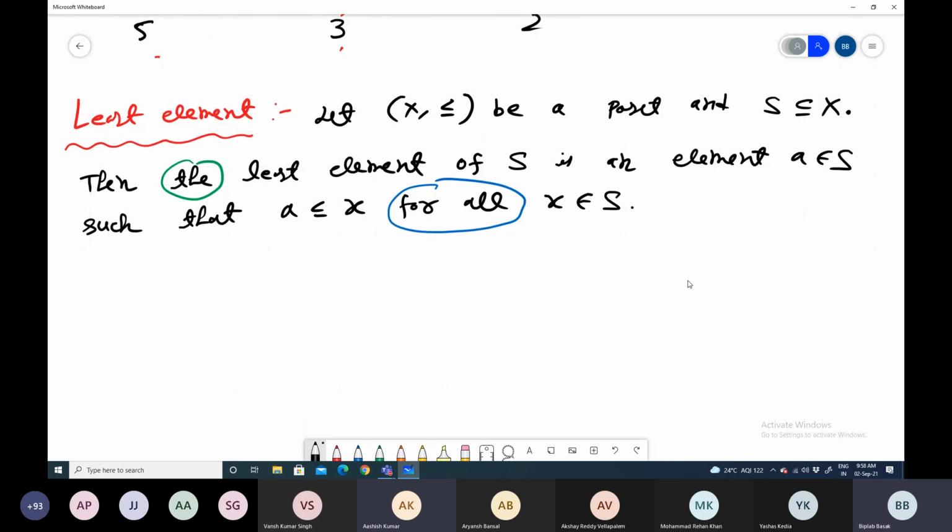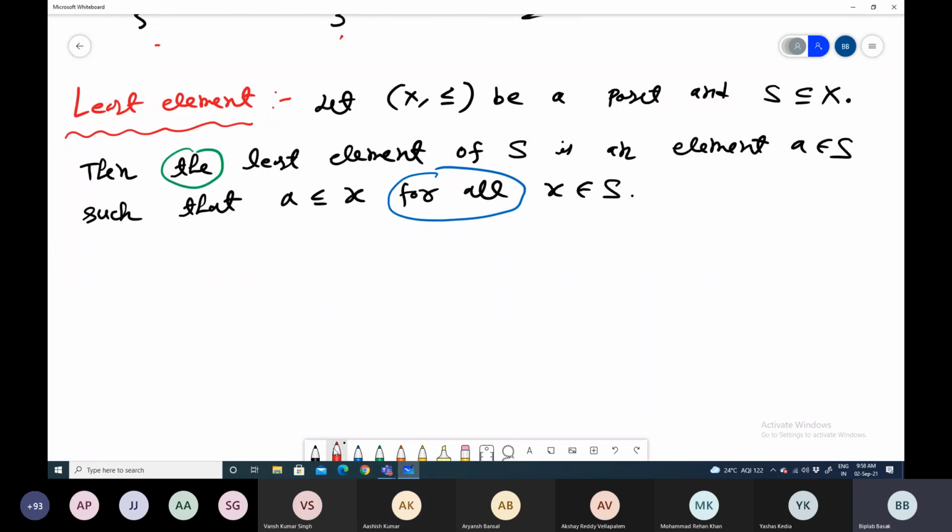Okay, you just write. So in a similar notion, we can write what a greatest element is.